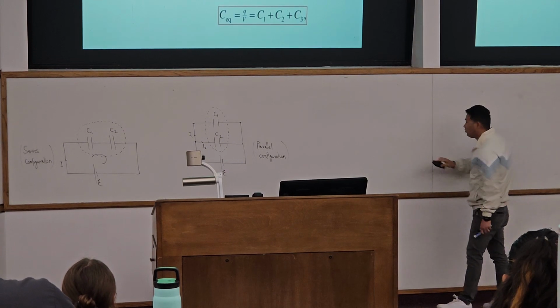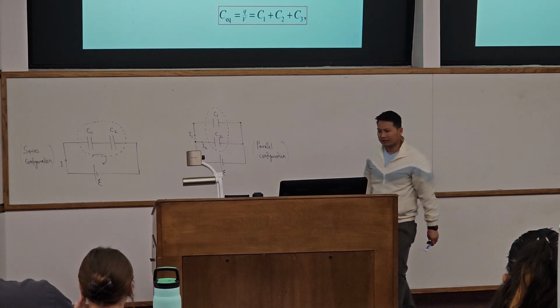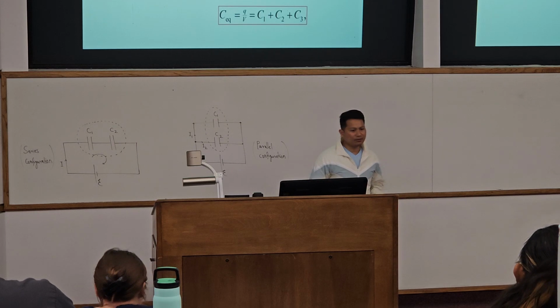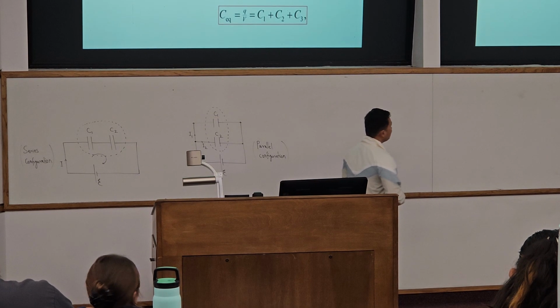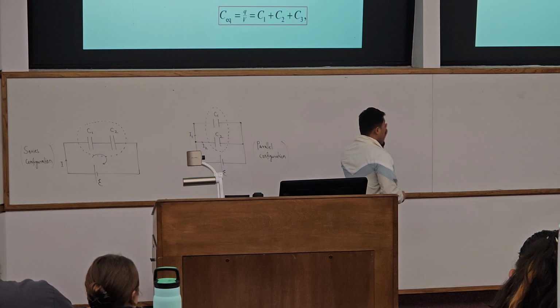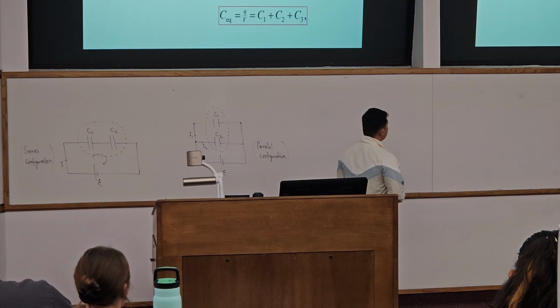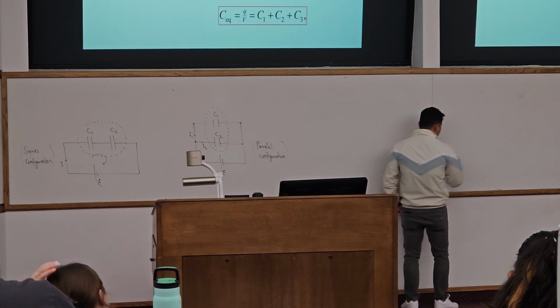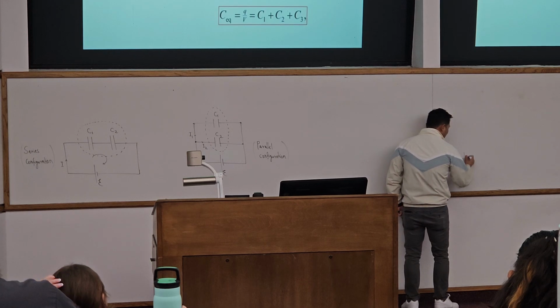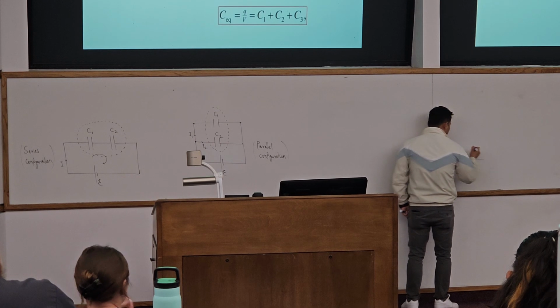At this moment, I have only two components. You can have multiple capacitors, 5, 6, 7 capacitors. It will be really difficult for people to understand how the circuit is working. So one way to simplify is to combine all of the capacitors.